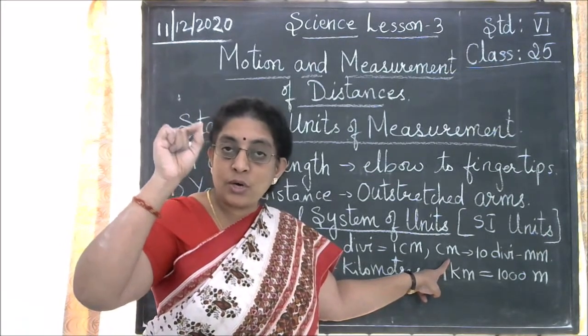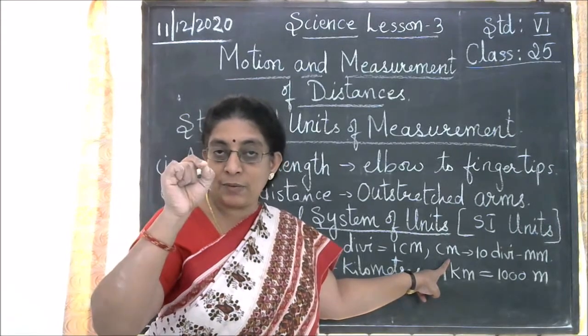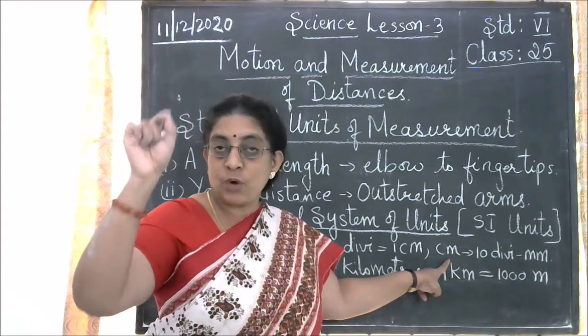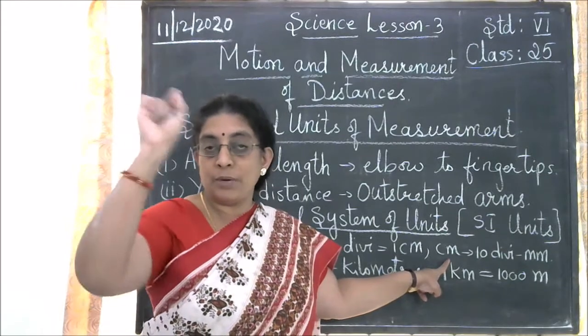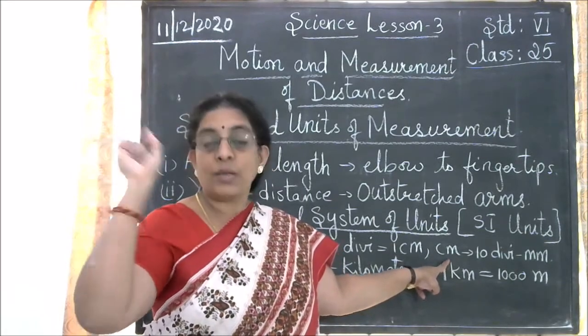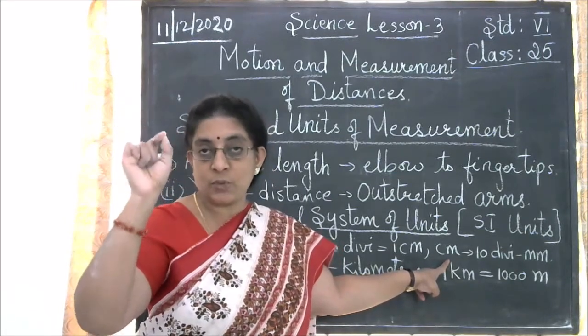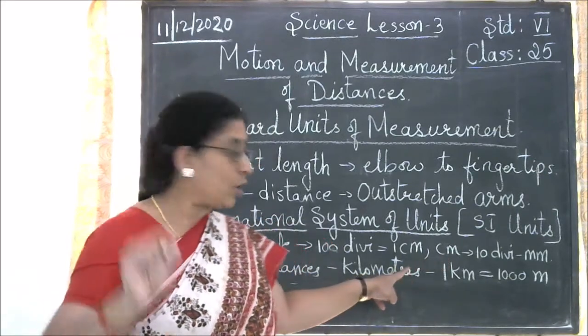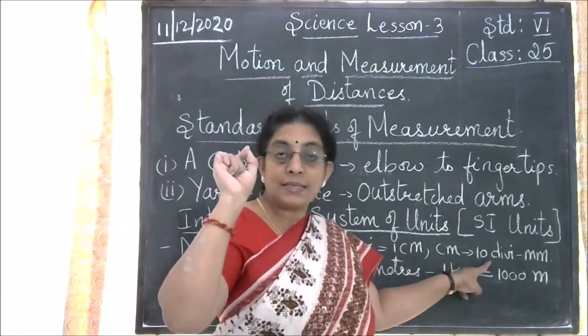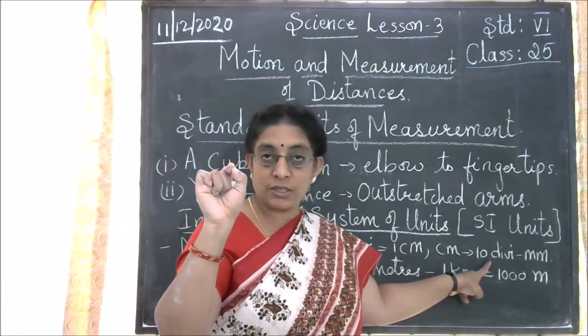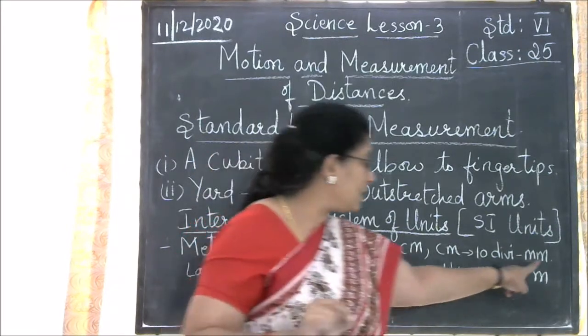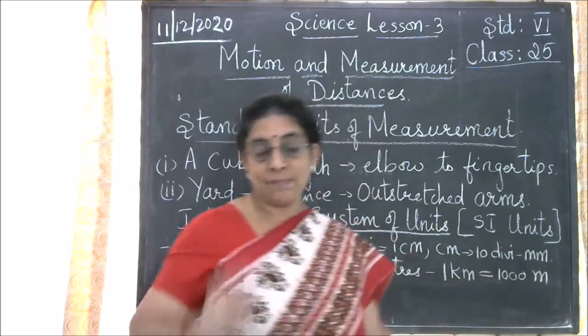After 4 small lines, 1 big line will come. Again, when 4 small lines come, then only the number 2 will come. Those small divisions, there are 10 such small divisions, and each division is called a millimeter.